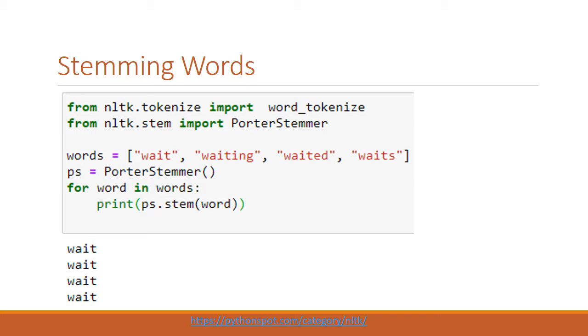Then for each word in our words list, we're going to stem it. PS has a method called stem, which expects a string as an argument and returns the stem of that string. So for each word in the list, I stem it, and you can see with each one of them, the stem is returned as wait.